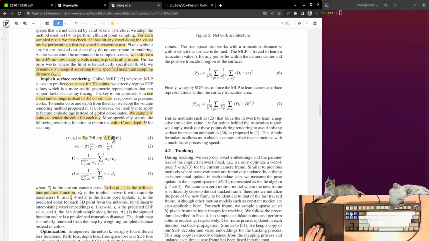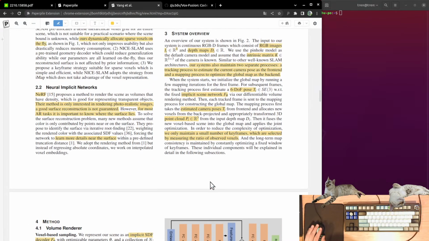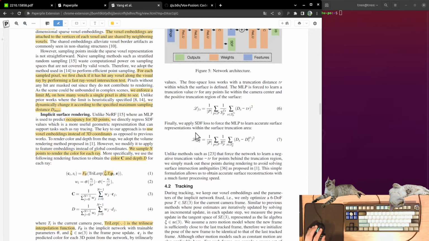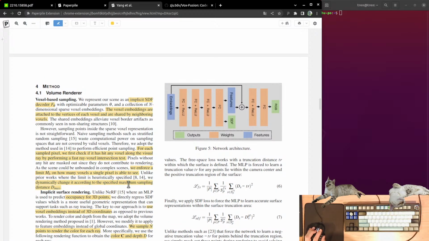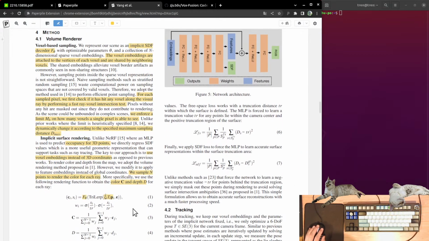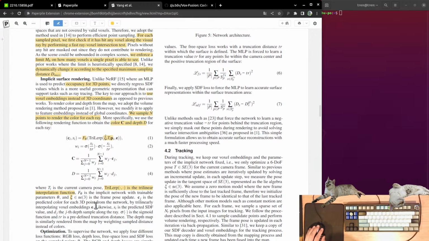P_i, maybe the point cloud, so the individual point.